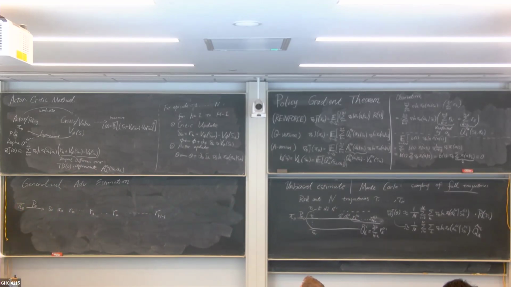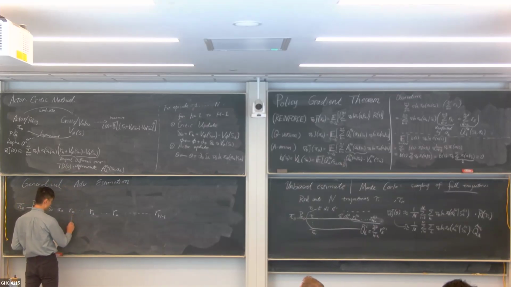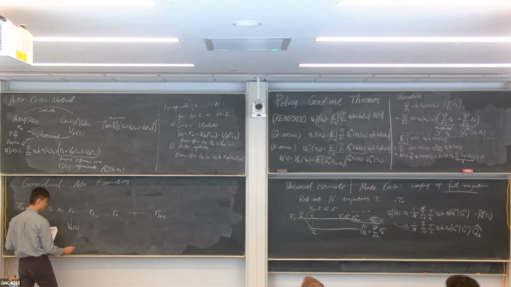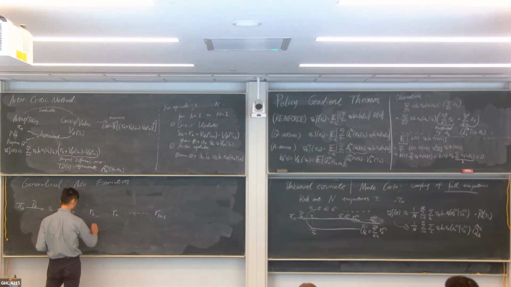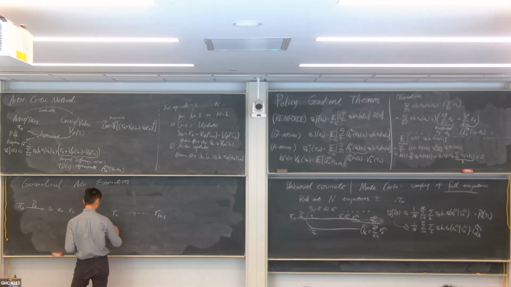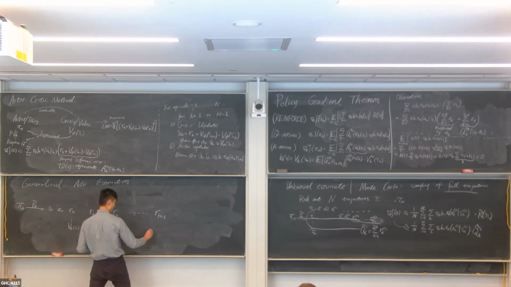Okay, so what is the critic actually doing, or at least the so-called TD(0) type of method? At every time step, I'm also forming a value estimate, and so on.